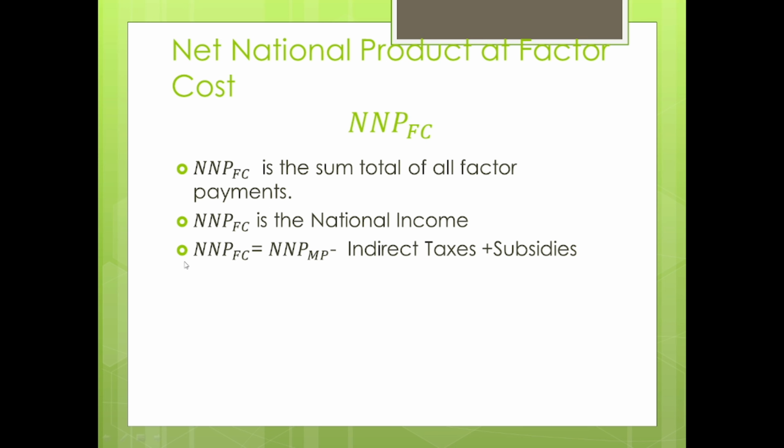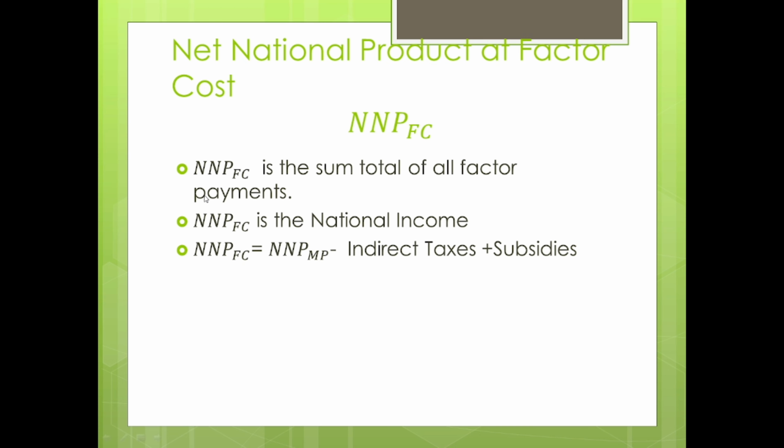From market price, if you have to come to factor cost, what will you do? Remember that the difference between the two is that you have to minus indirect tax and add subsidies. So to find factor cost from market price, minus the indirect tax and plus the subsidies, and you will get NNP at factor cost.